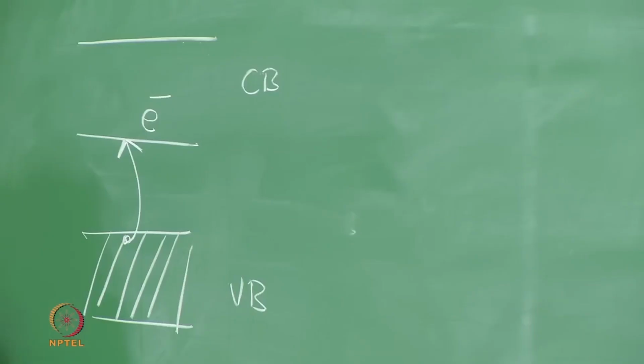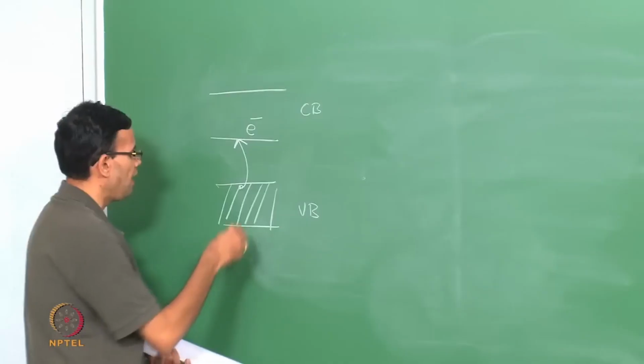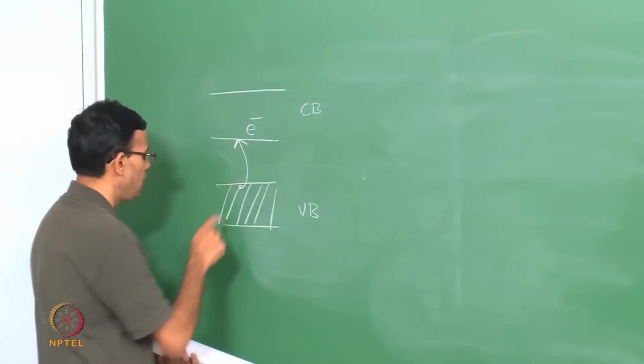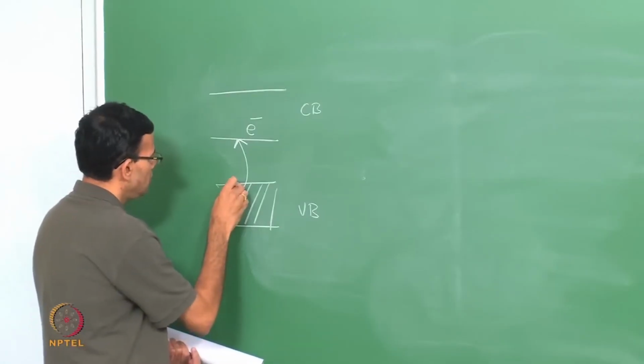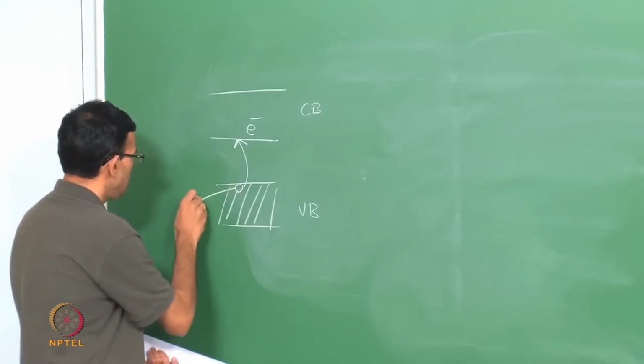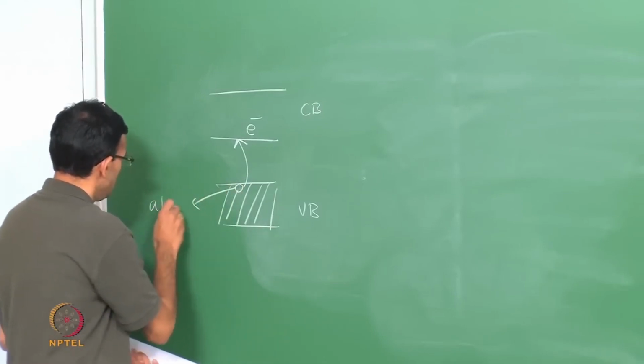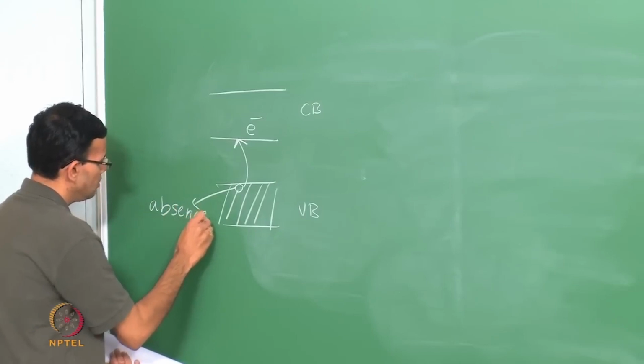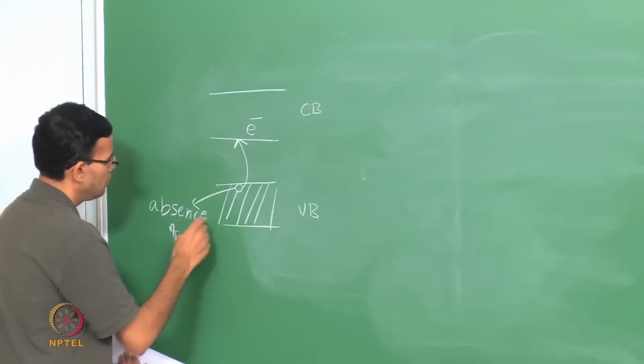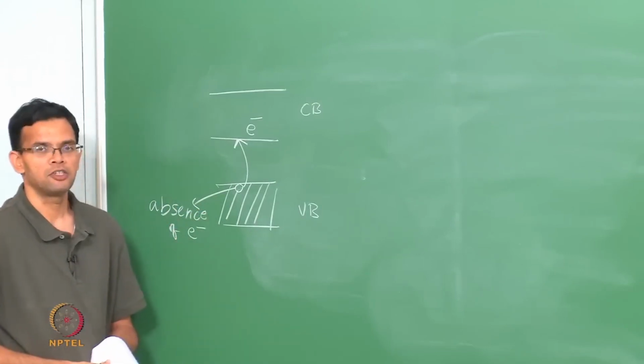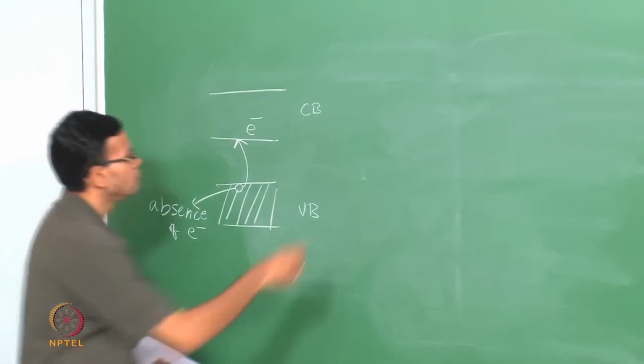When an electron goes from the valence band to the conduction band, you essentially have an absence or a loss of an electron. The absence of an electron is called a hole.